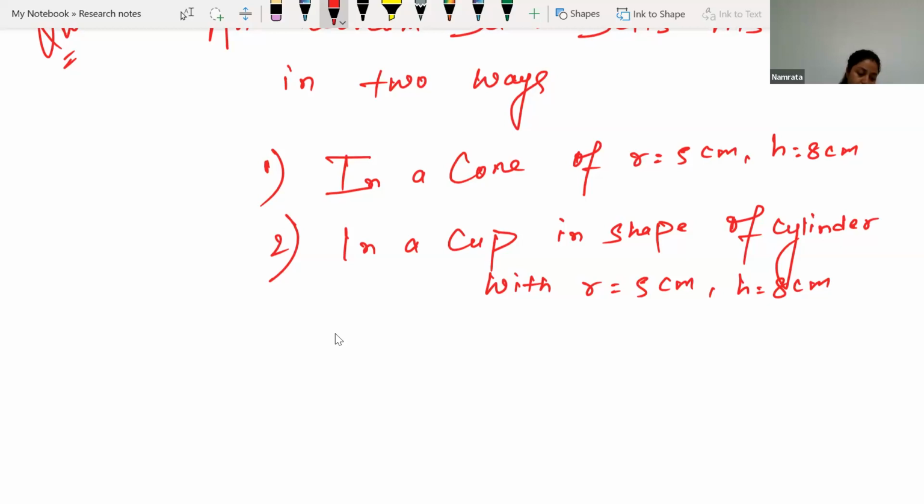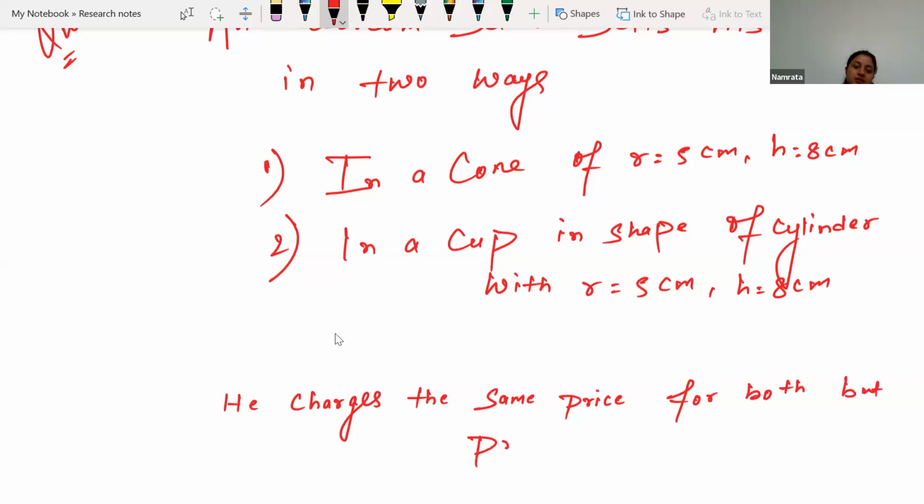Now he charges the same price for both, but prefers to sell his ice cream in a cone.